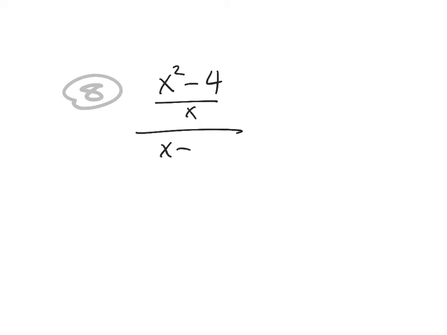So number 8, and that one's going to be x squared minus 4 over x divided by x minus 4. So again, remember, this fraction bar right here means division.